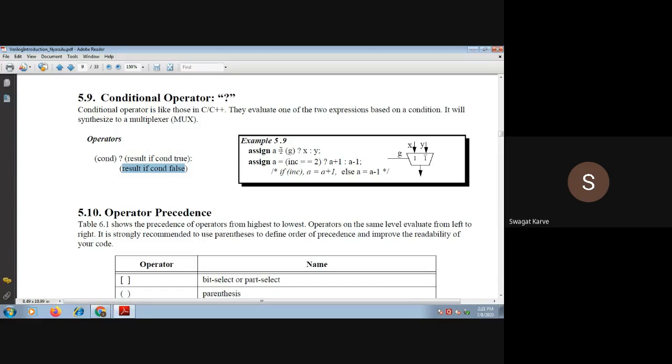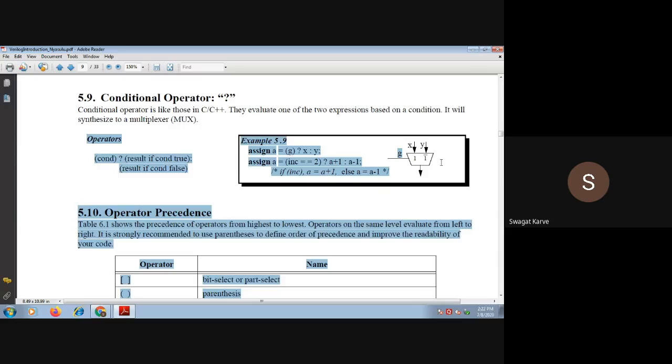Likewise, assign a is equal to g. That means g is a condition. If true, then x will get y. That means after this, the result if condition true. If a is equal to g, then x will happen, and if the condition is false, then y will be the answer, like a multiplexer, right?